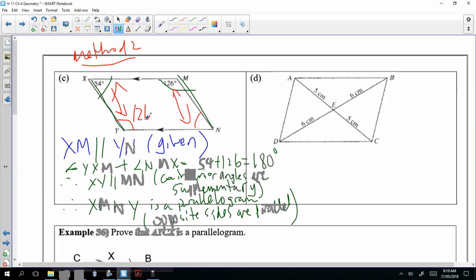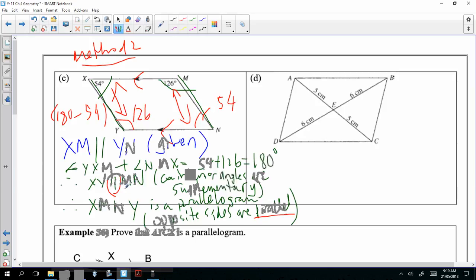Once you do that, you can prove opposite angles are equal. Therefore, it's a parallelogram. Now, you can use a shorthand here, but not when you say are parallel, because it can be confused with R11. So when you say are parallel, use the word. But when you write XY parallel to MN, that's okay. Use the parallel symbol.